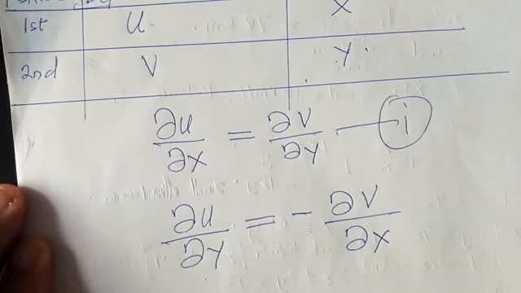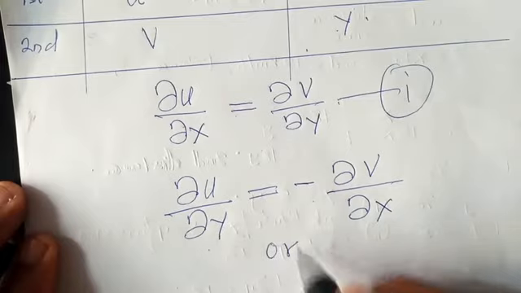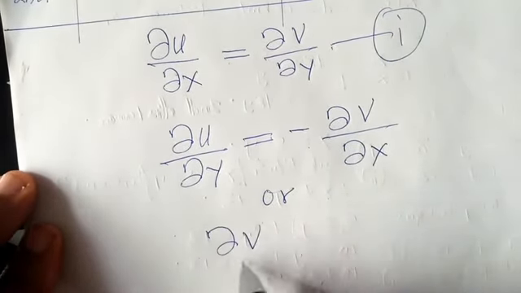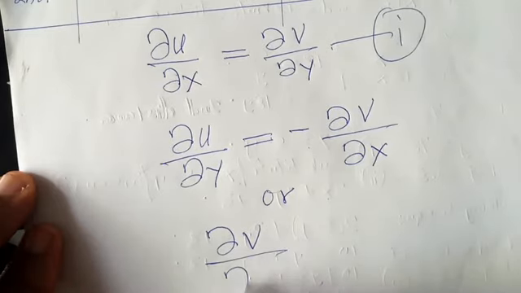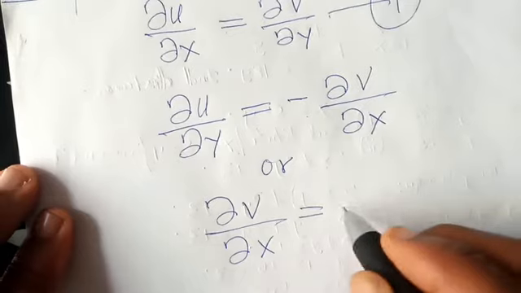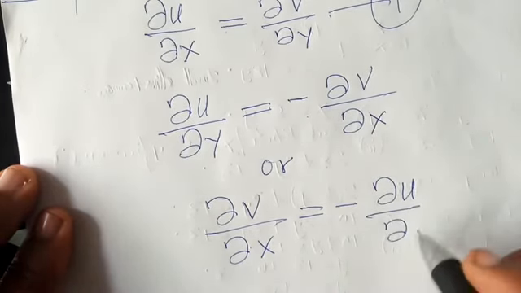But then you are going from first into second, then it's a problem. You are dropping in your position from del u to del y, then that is a problem. Then we also have del v over del x is going to be equal to minus del u over del y.